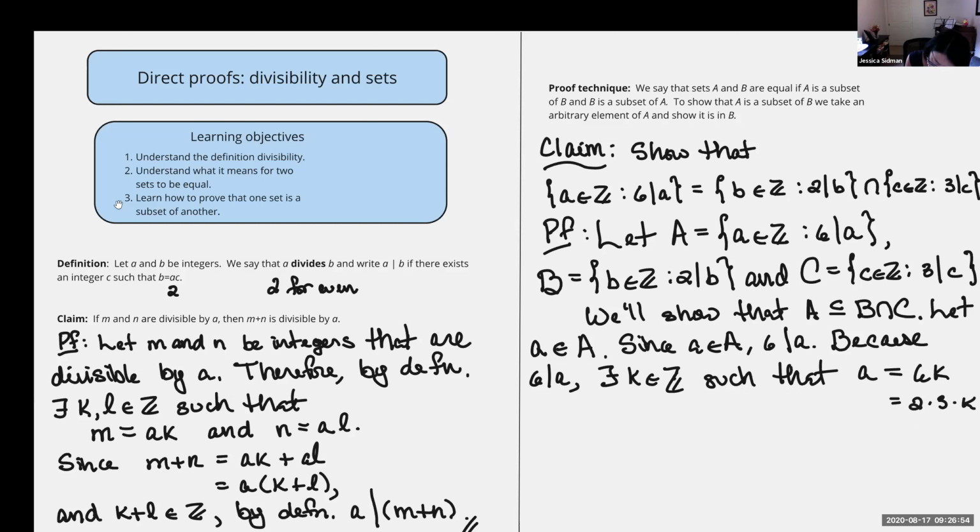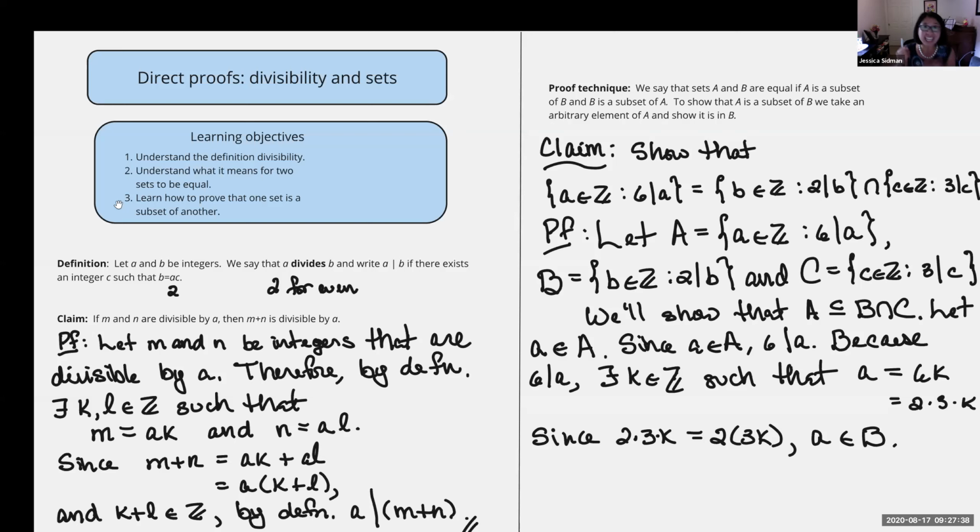And then I'm going to say, since 2 times 3k is equal to 2 times 3k, we see that a is in set B, because we've written the integer a as 2 times a number. We've shown that it's divisible by 2.